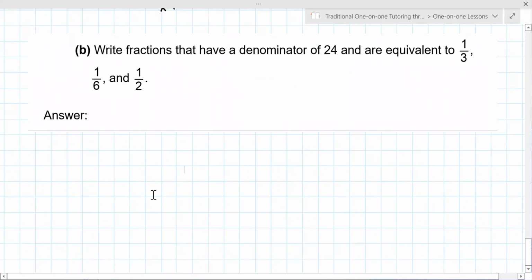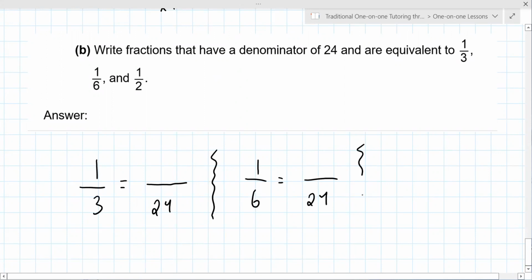Okay, write fractions that have a denominator of 24 and are equivalent to 1/3, 1/6, and 1/2. So basically the same thing we just did, except for these 3 fractions. Okay, so I want you to tell me what goes in the top of each of these fractions, please.